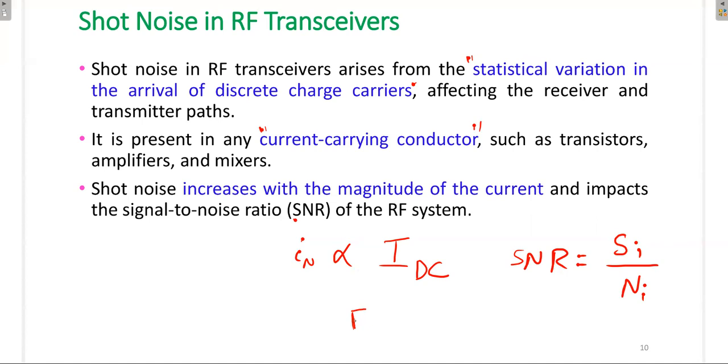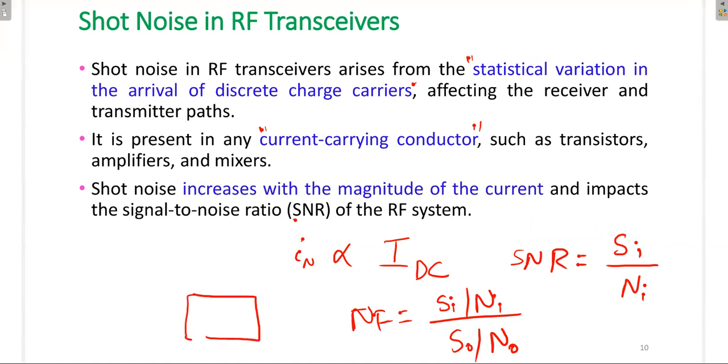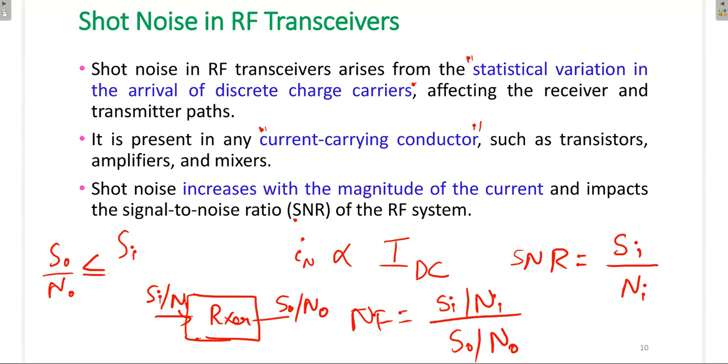To measure the performance of any communication system, we define the noise figure. That is the ratio of the signal to noise ratio at the input to the signal to noise ratio at the output. Take any system at the receiver side: the input signal to noise ratio is Si by Ni, and the output signal to noise ratio is So by No. In general, So by No will always be less than or equal to Si by Ni, mainly because the receiver itself will add some noise.